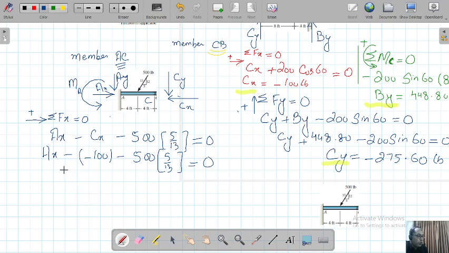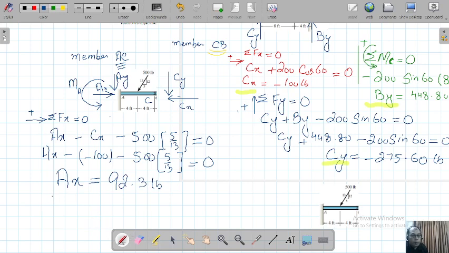So what is going to be your Ax now? It's going to be 92.3 pounds. Now we need to calculate sigma Fy.